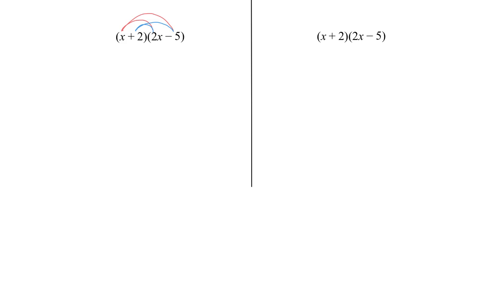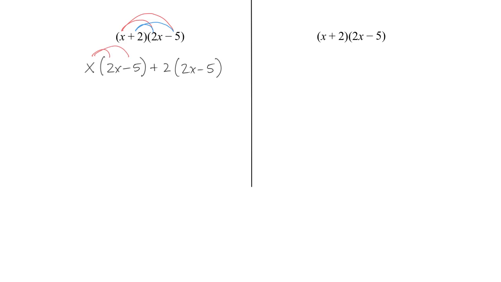When I take this out, I'm going to get x times 2x minus 5 plus 2 times 2x minus 5. This x here came from right here, and this 2 right here came from right here.